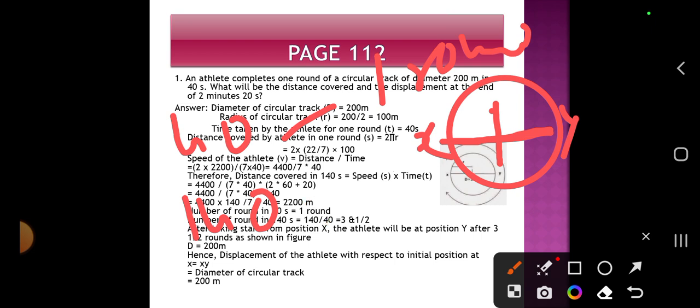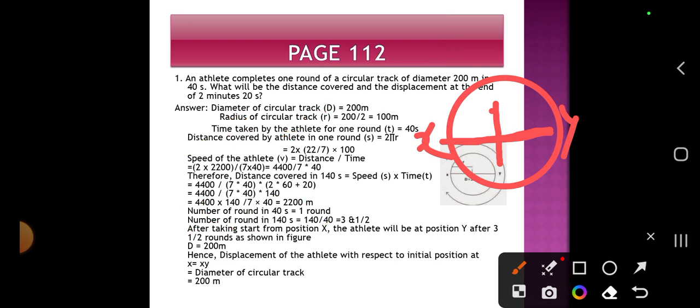By cross multiplication we get 140 upon 40, so we will get 3 and 1 half rounds. 3 full rounds and a half round.